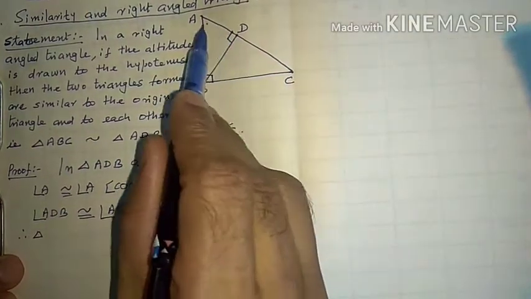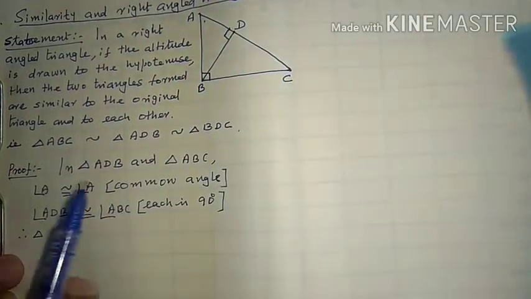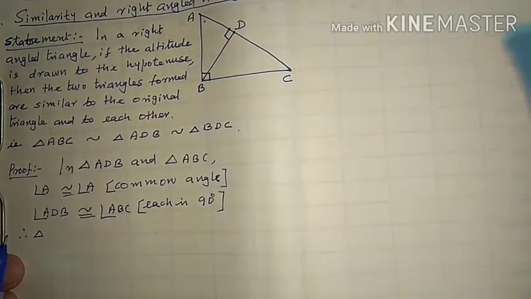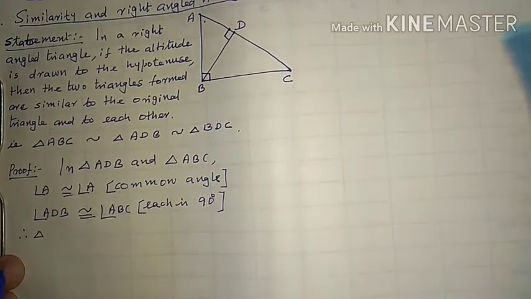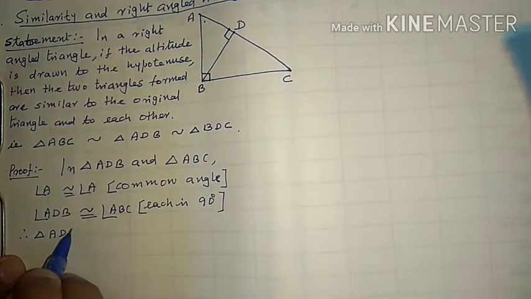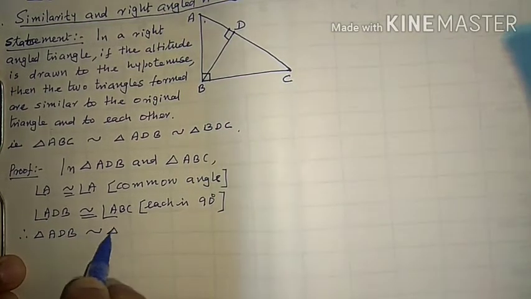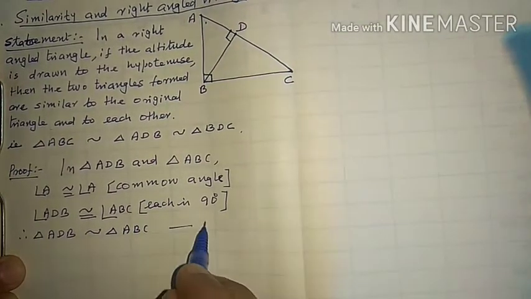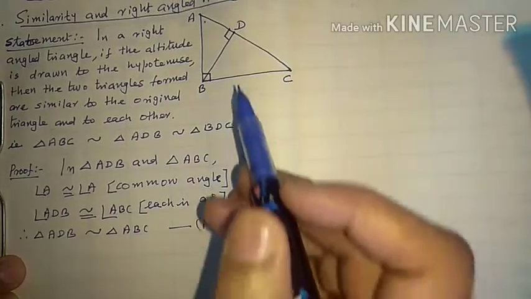Two angles are respectively congruent to two angles of another triangle for a given one-one correspondence between their vertices. Then the triangles are similar by AA test. That's what we are using. Triangle ADB is similar to triangle ABC. This we consider the first result.